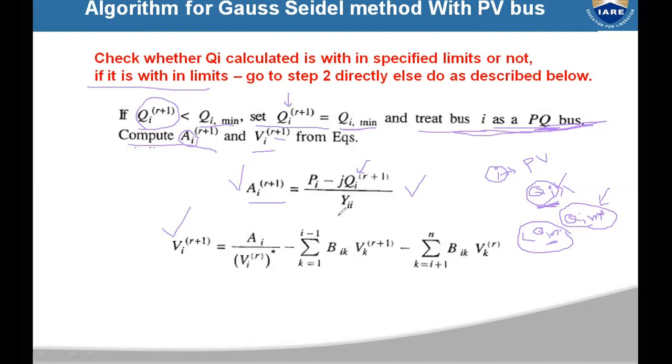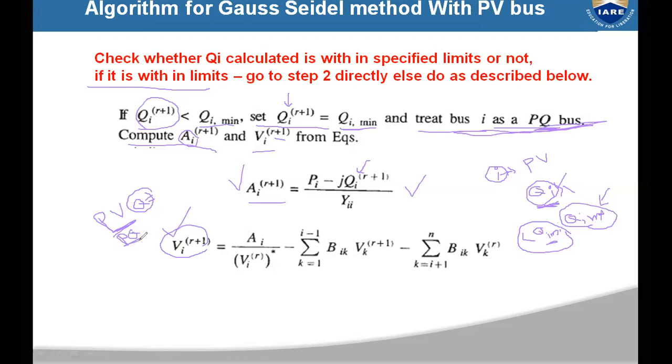Okay, so then you have to find the voltage. Actually it is a PV bus, but the Q limits are not within the limits. When the Q limits are violated, this value is set to one of the limits. If it is less than Qi minimum, you set Q equal to Qi minimum. If it is greater than Qi maximum, you set the Qi value equal to the Qi maximum value. Then you treat it as a PQ bus instead of a PV bus.